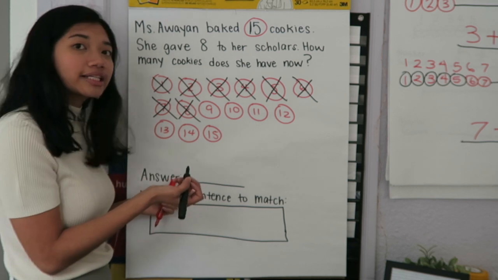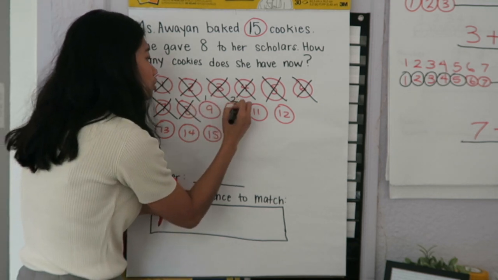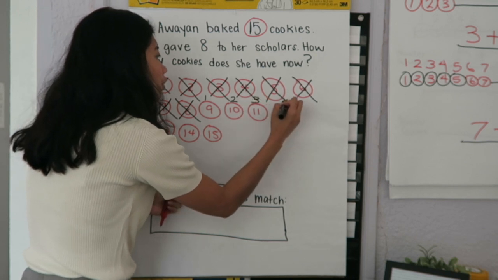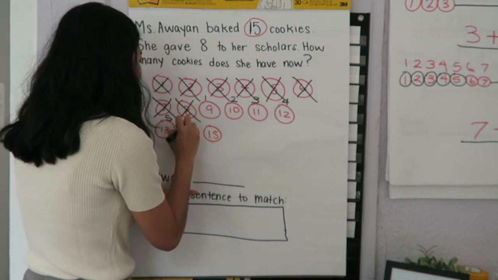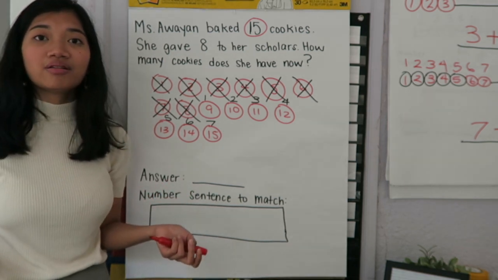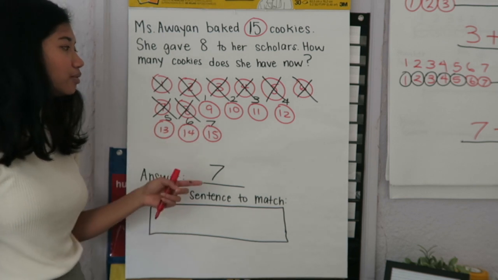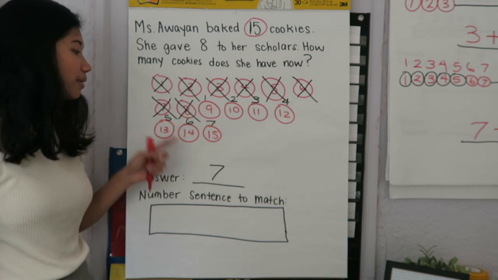I'm going to label it at the top. Count along with me. 1, 2, 3, 4, 5, 6, 7. So how many cookies do I have now?